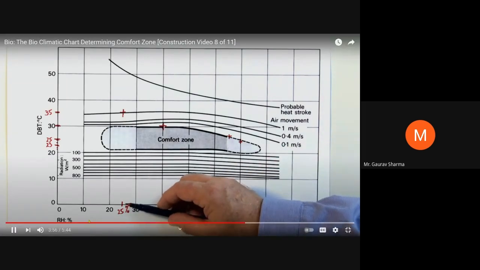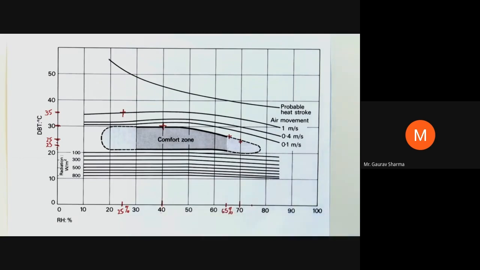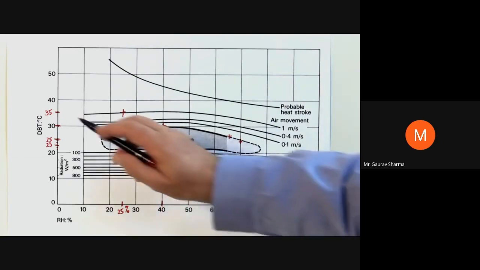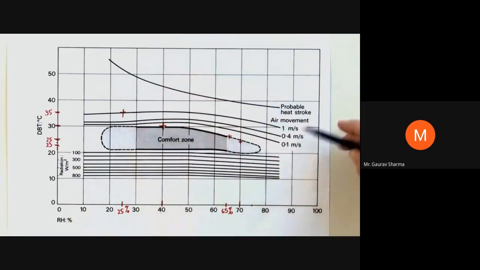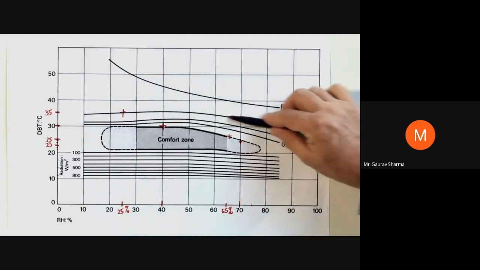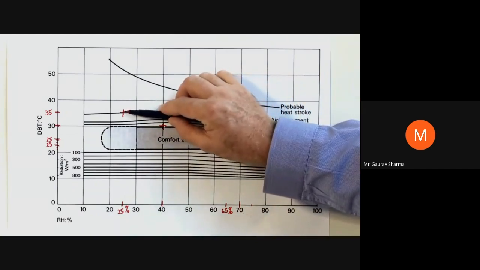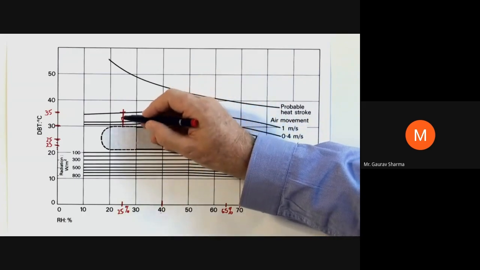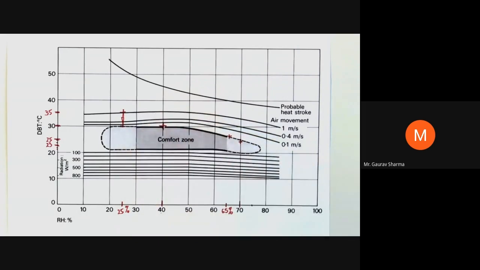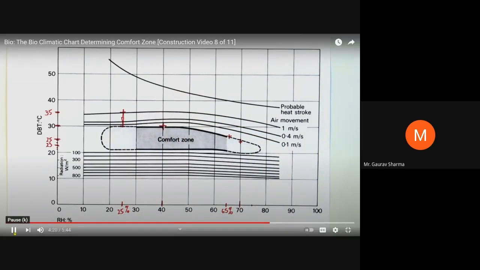And so in the case here of 25 degrees relative humidity and 35 degrees dry bulb temperature, by introducing air movement at 1 metre per second, we can pull the temperature down to something that would simulate a comfortable zone.